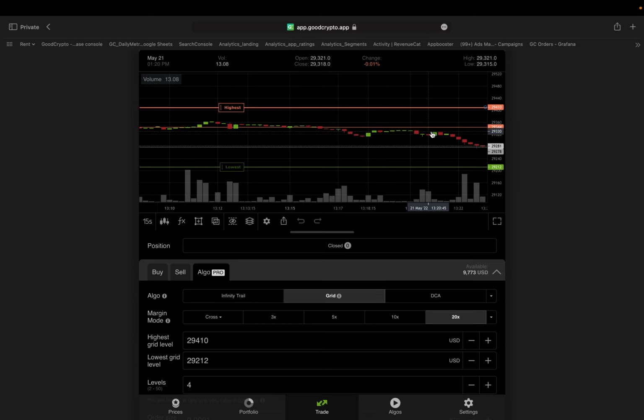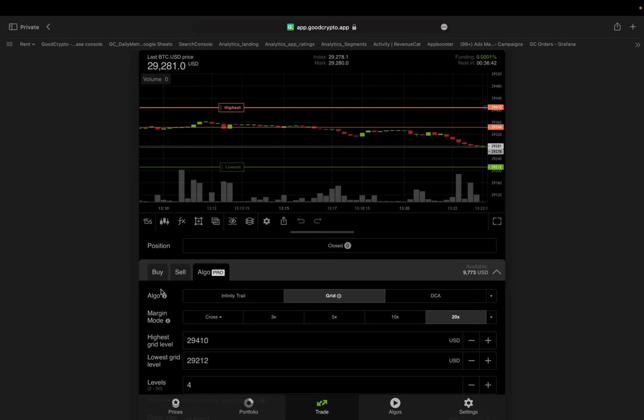Above the market price on the grid levels, limit sell orders will be placed, and on the grid level below the market price, a buy order will be placed. It will function again and again in pretty much the same way it was functioning before. If this buy order executes, a sell order will be placed here.